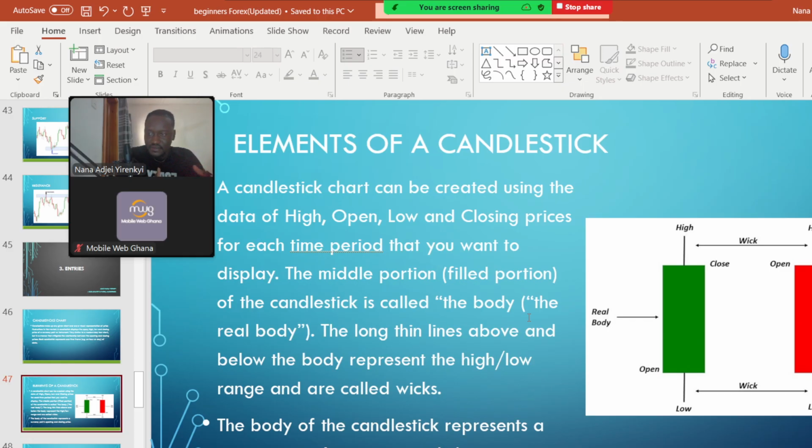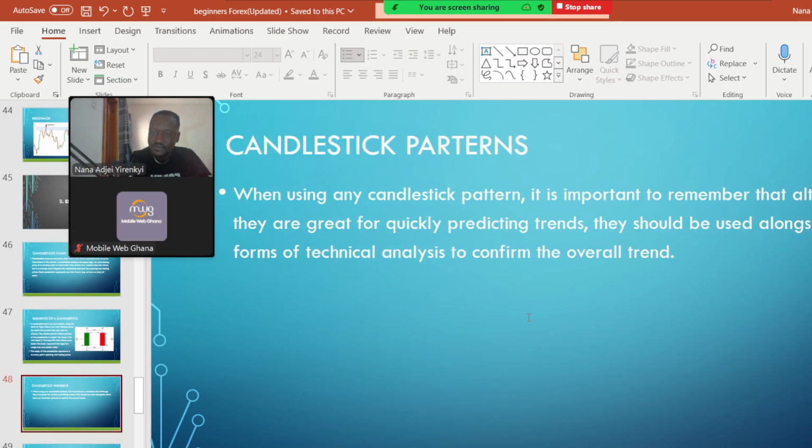The candlestick, and then we use that language to interpret our trading decision, whether we are expecting price to push up, or we are expecting price to decline, or we are expecting a bullish reaction or a bearish reaction, which is placing a buy order or a sell order.